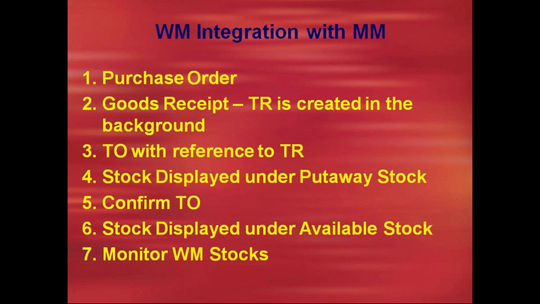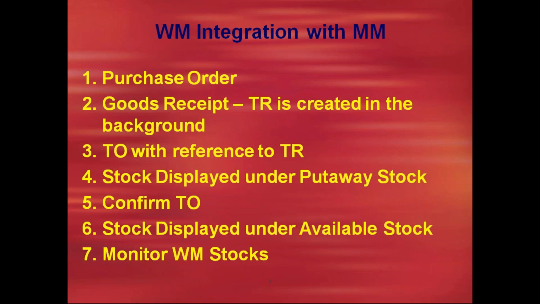When the TR is created, that is converted into transfer order. So TO with reference to TR. TO stands for transfer orders. It is an instruction to transfer the stock of the material from source to destination bin. Once TO is created, the stock will be displayed under put away stock.